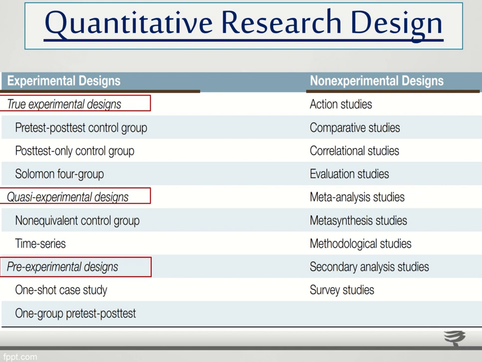So all of this, again, fall under the quantitative research design. Okay, so lahat ito, quantitative research design. So it can either be experimental, through experiment, quasi, or pre-experiment. And then for non-experimental, ito yung ating mga several types for that.